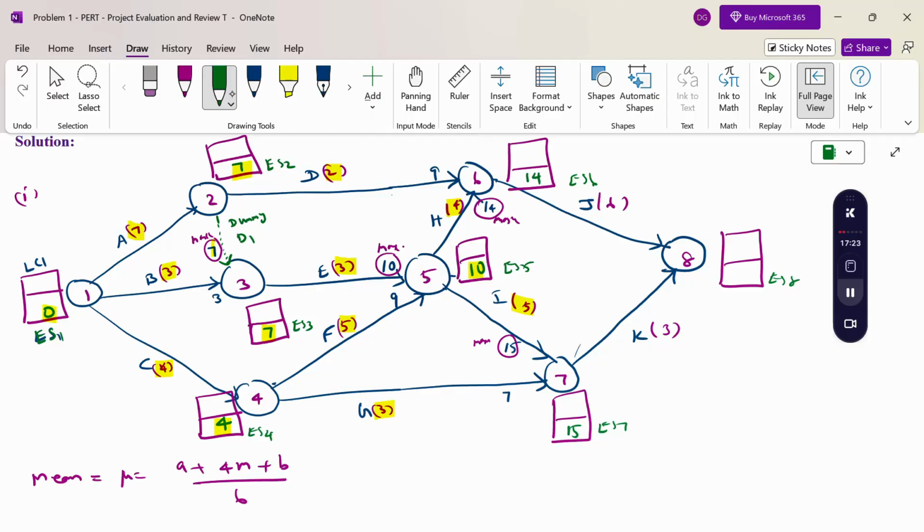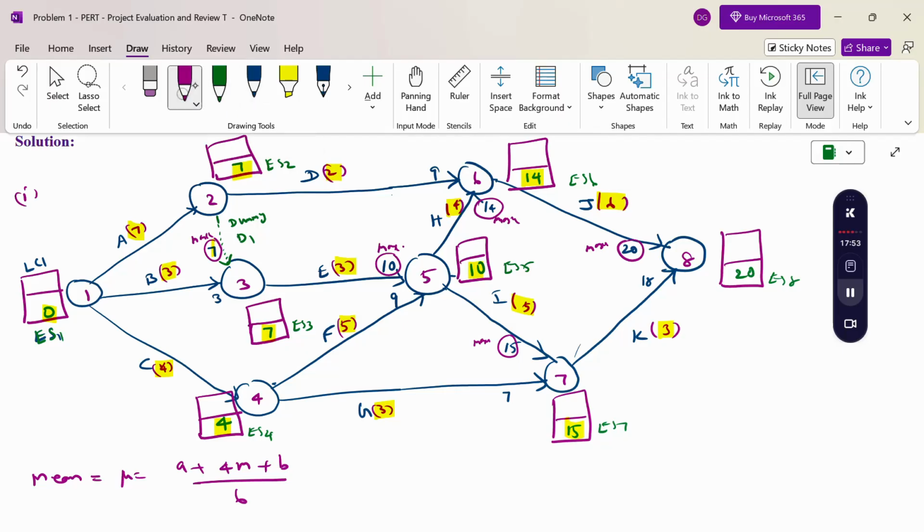And then finally 6 to 8, 7 to 8: here 14 plus 6 is 20, and here 15 plus 3 is 18, maximum 20, therefore 20 is our maximum duration.